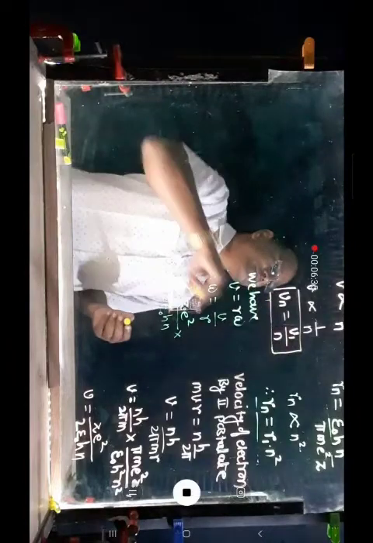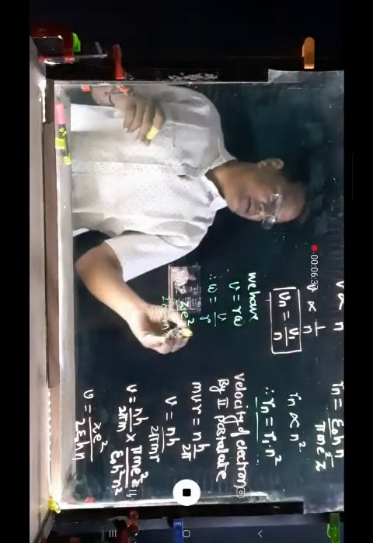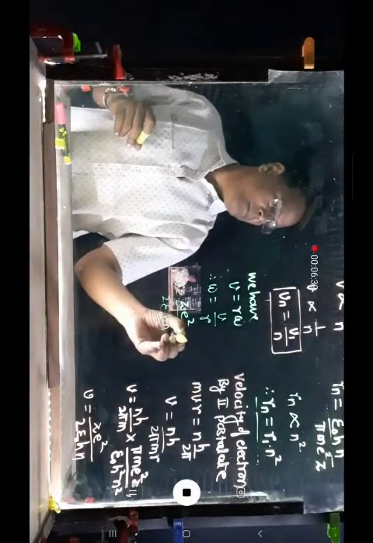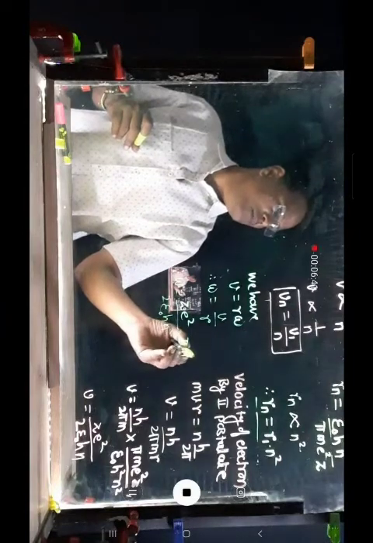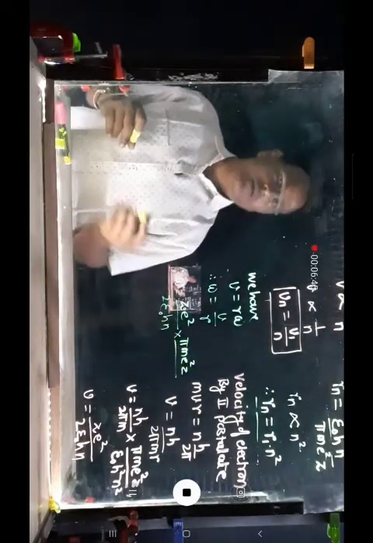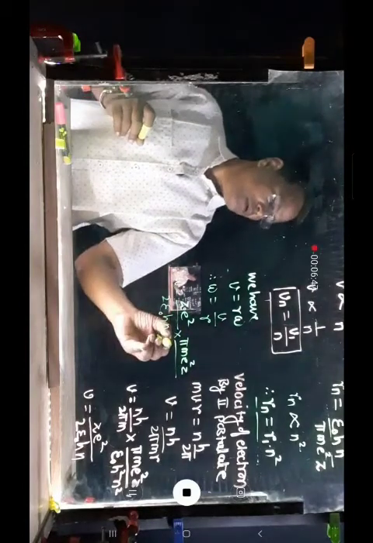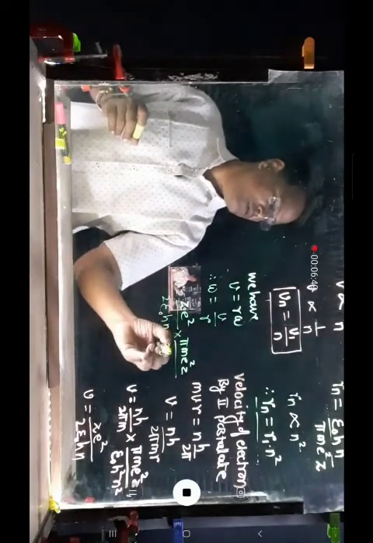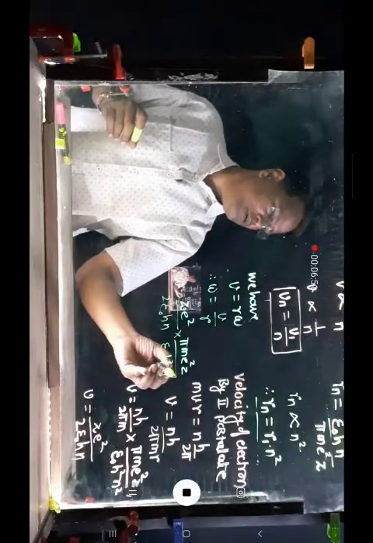What about the radius? This radius we can write as epsilon naught h square n square divided by pi m e square into Z.